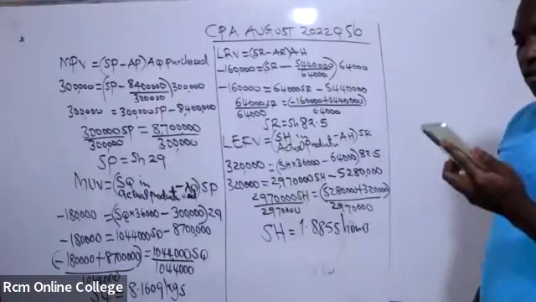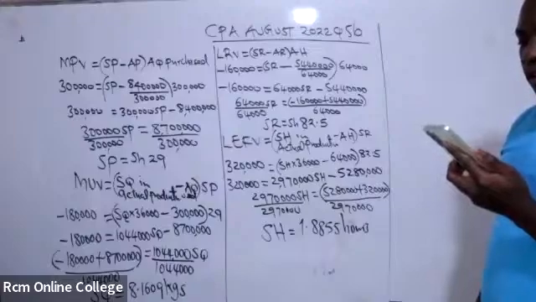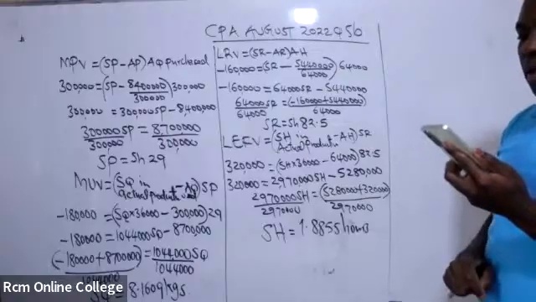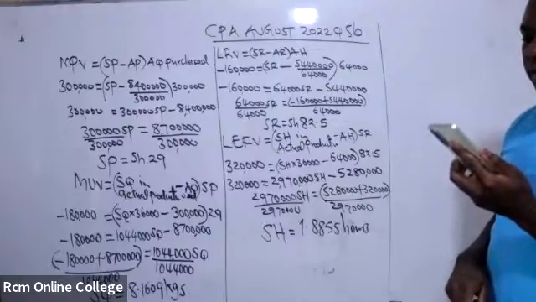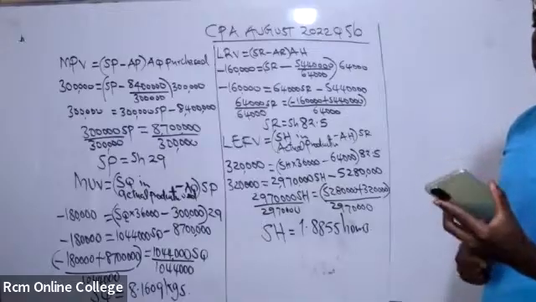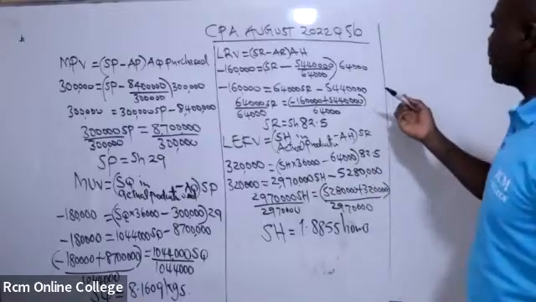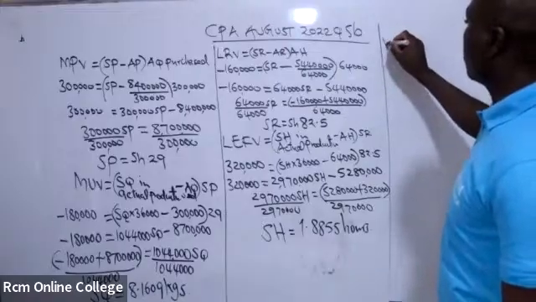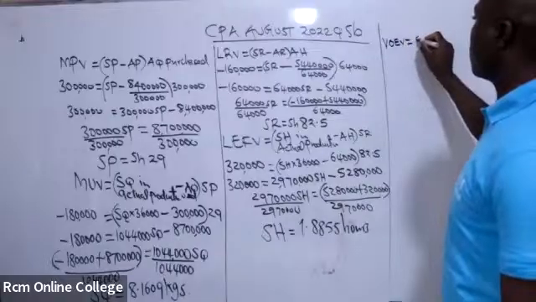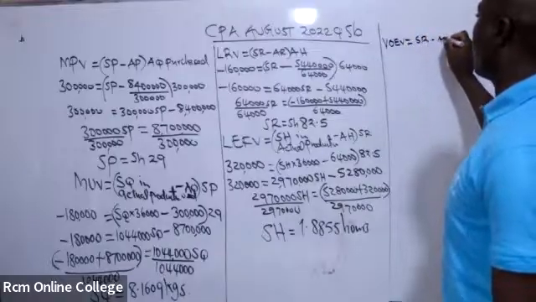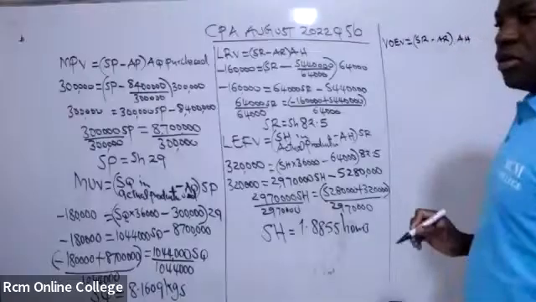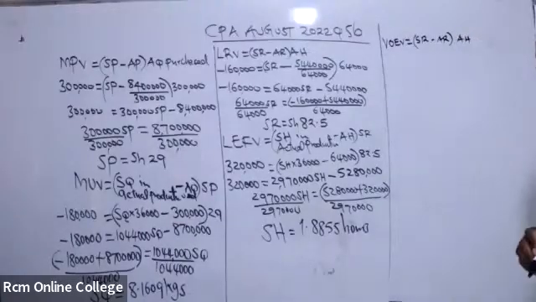We have information number 2. The variable production overheads vary with the labor hours worked. Perfect. The next variance is the variable production overhead expenditure variance. So variable overhead expenditure variance is equal to standard rate minus actual rate, multiplied by actual hours.